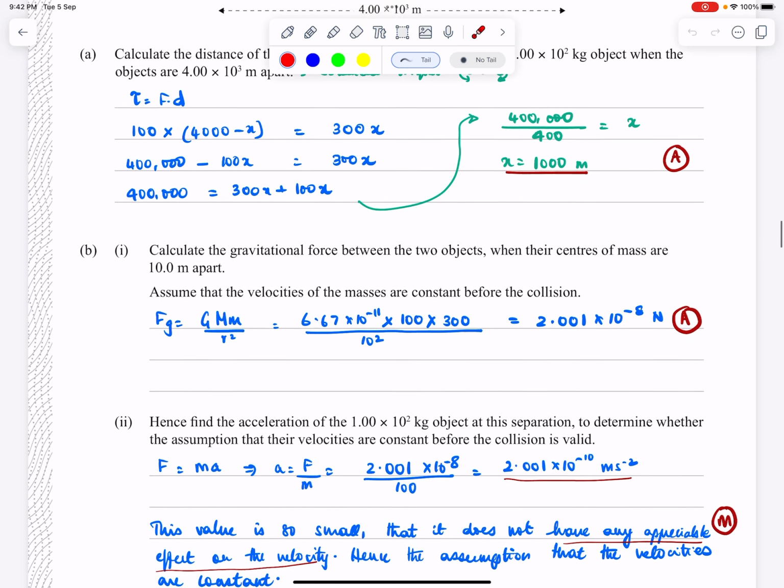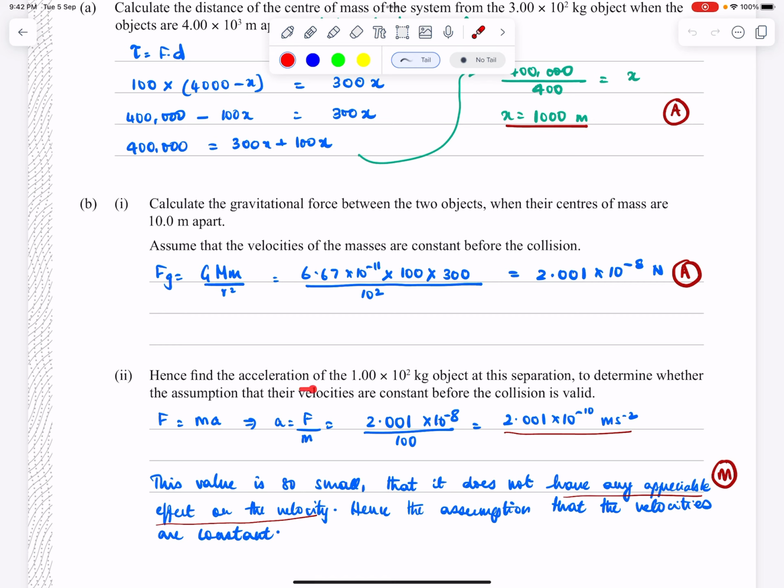Then moving on: hence find the acceleration of the 100 kilogram object at this separation to determine whether the assumption that the velocities are constant before the collision is valid. F equals ma, so acceleration is F divided by m. That's your force from this answer, your mass is 100 kilograms, and you get the same answer but times 10 to the power of negative 10, which is a tiny number.